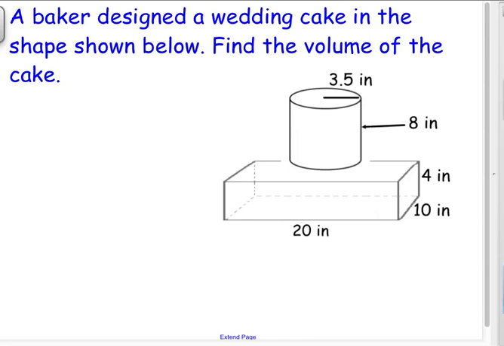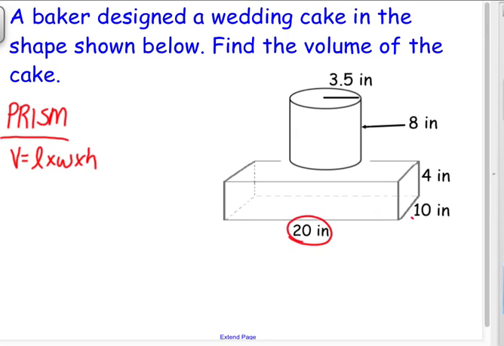So let me remind you how to find volume of a prism. You can actually find it a couple different ways, but I'm going to make it easy, and say it's the length times the width times the height of your rectangular prism. So if I'm looking at this rectangular prism here, I see 20 is the length, 10 is the width, and 4 is the height.